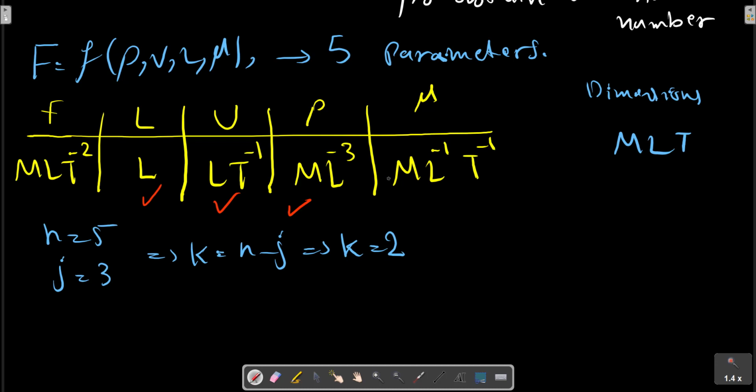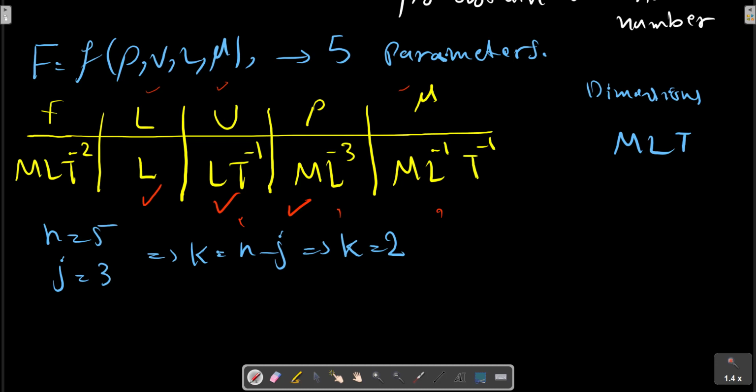For example, these 3 can make a pi group because mu can cover all the other parameters, and also mu, U, and L can form a pi group because mu can cover all other parameters' dimensions.